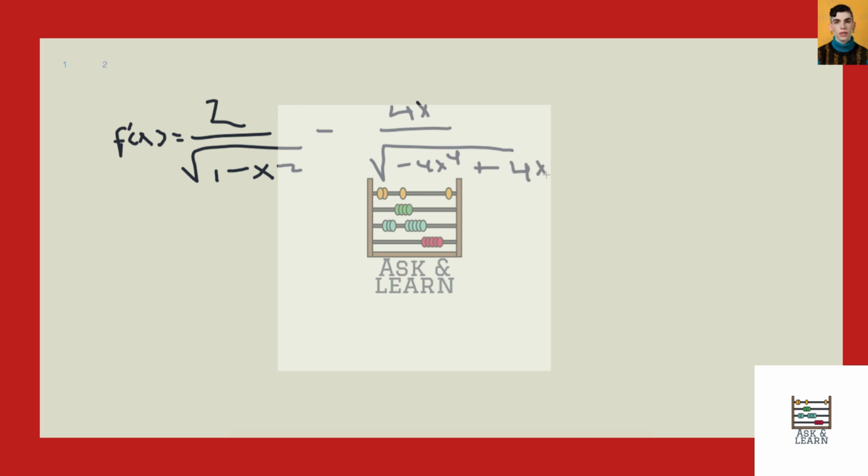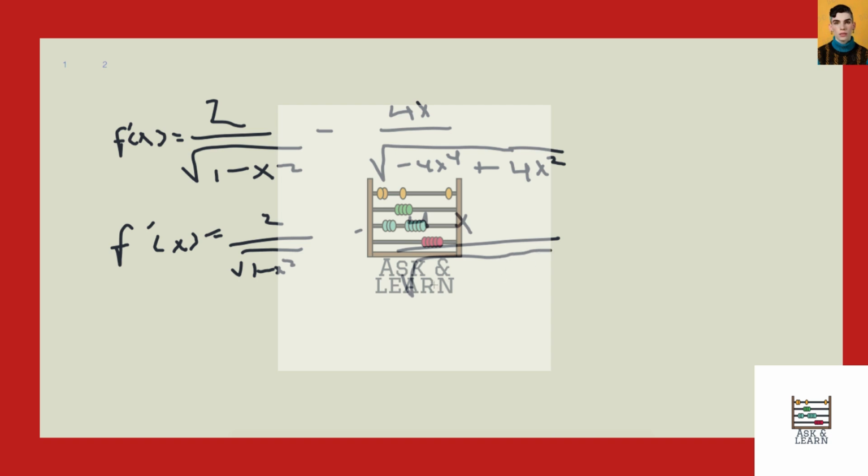And then if you look at this, we can actually factor out a 4x squared. So we can rewrite f prime of x as minus 4x over the square root of 4x squared times 1 minus x squared.